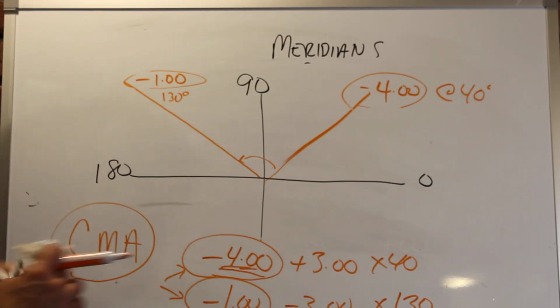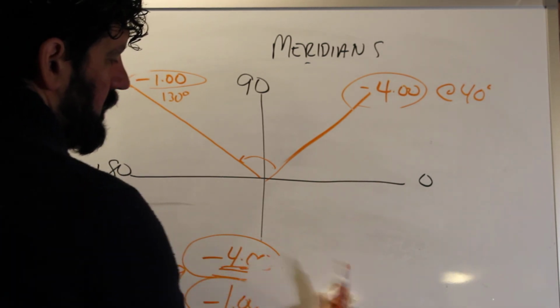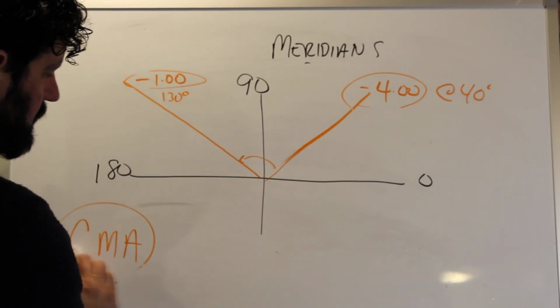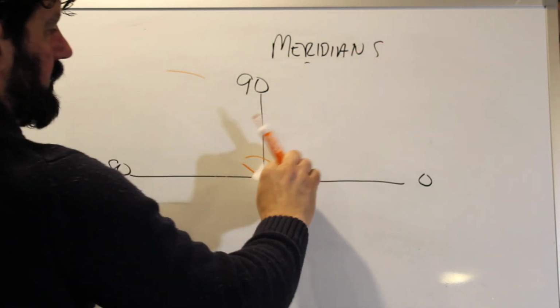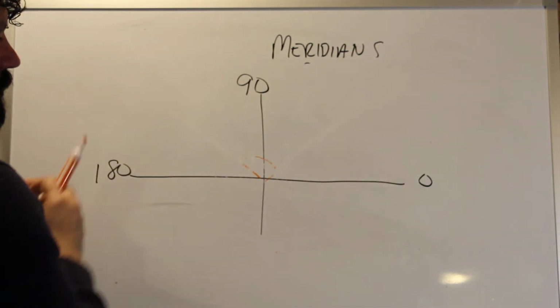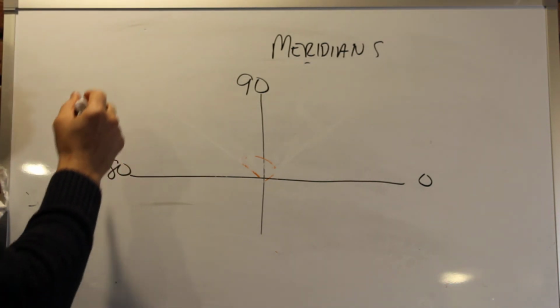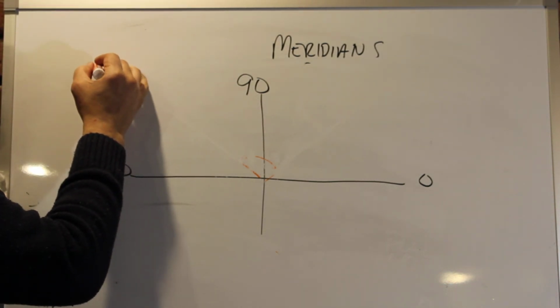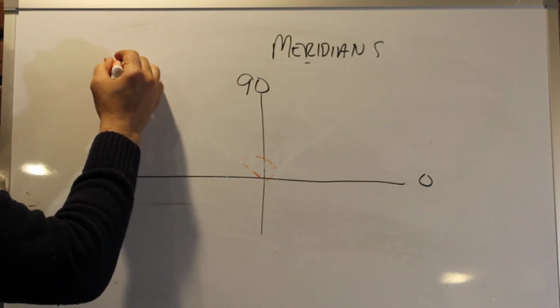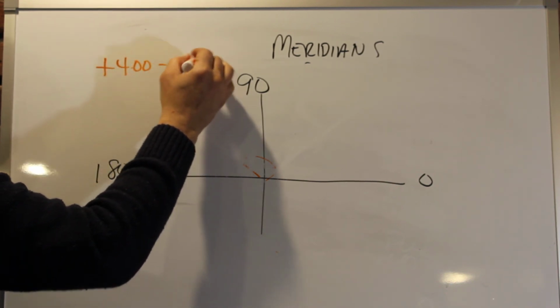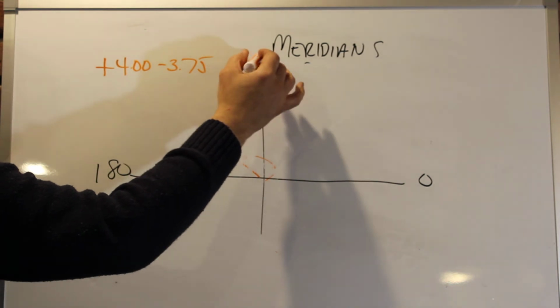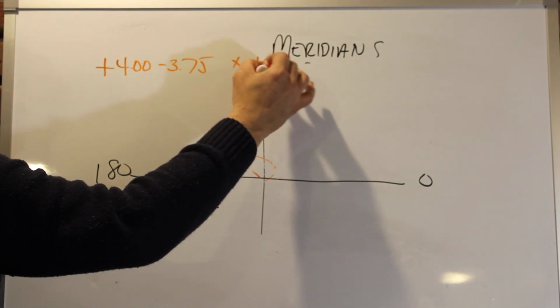So let's do one more, and then we'll give you some more examples in problems. But here's our lens cross again, pretty straightforward, 0, 90, 180, and we'll just give, for kicks, a +4 -3.75 axis 150.